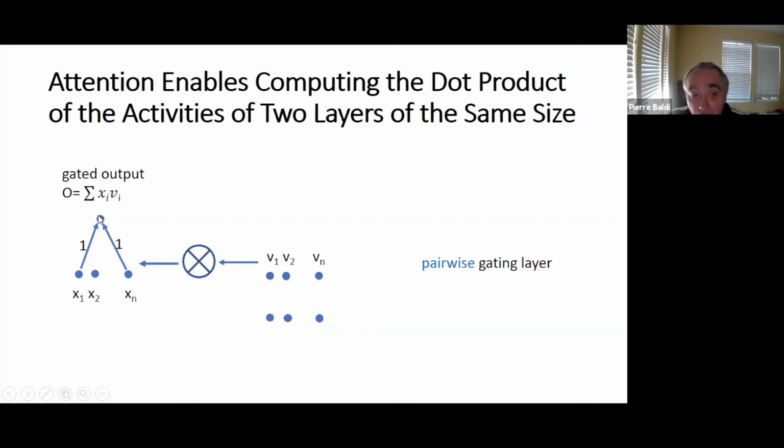And I have a linear neuron here, which finally computes the dot product. So suddenly, if I am allowing this attention mechanism, I am able to compute dot products of vectors, something that you could not do instantaneously in a McCulloch and Pitts network.